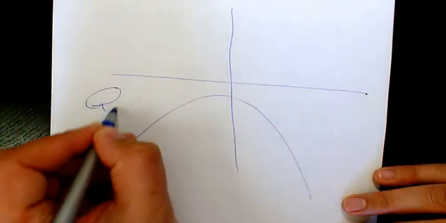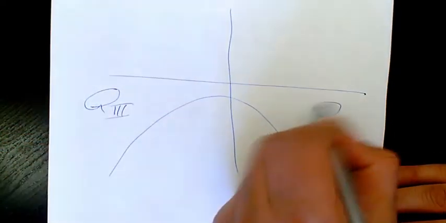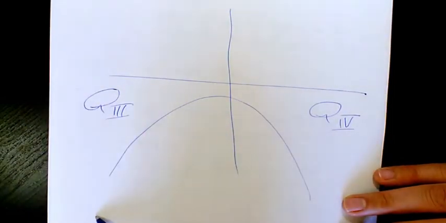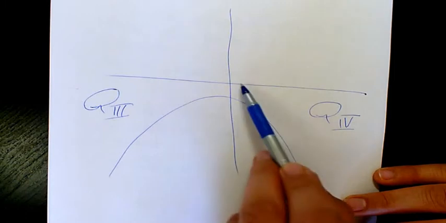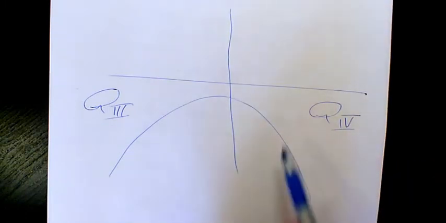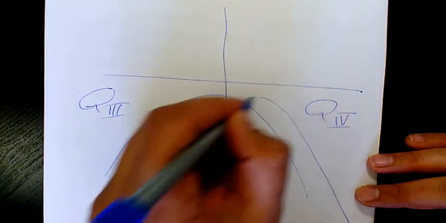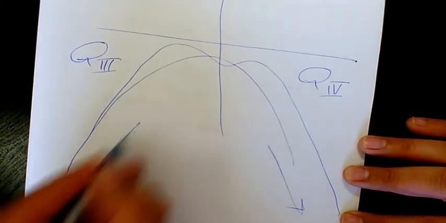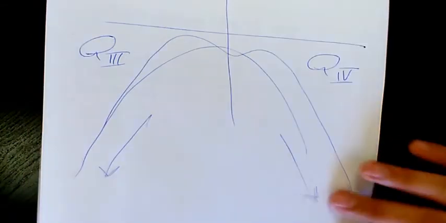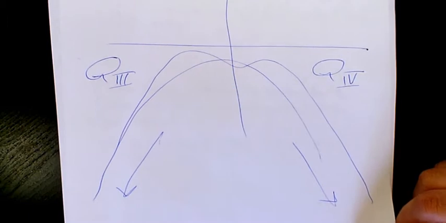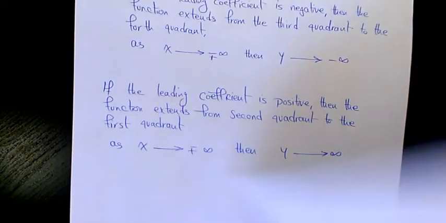So there is quadrant 3, here is quadrant 4. As x goes to negative infinity, y goes down to negative infinity, and as x goes to positive infinity, y goes to negative infinity as well. Sometimes it is like that as well. So both sides need to be falling down.